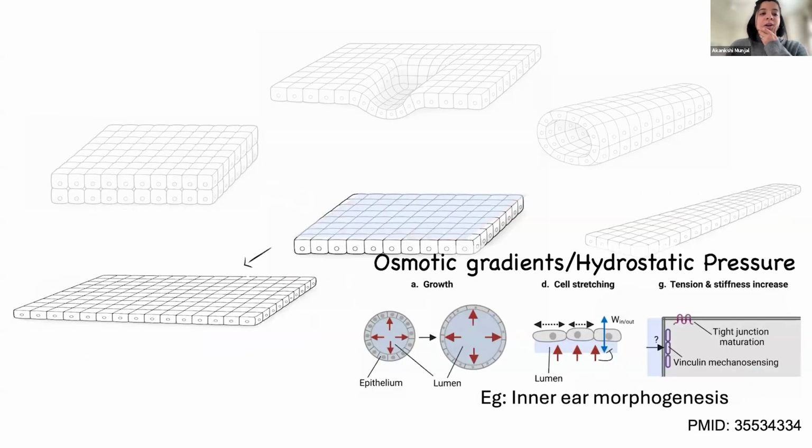Okay, so another mode that I want to highlight is where the tissue is not bending or dividing, it's just simply being stretched because it's experiencing forces. And a clear example comes from a lot of these lumenized tissues. In this case, I've shown how the embryonic inner ear, the otic vesicle, initially expands.